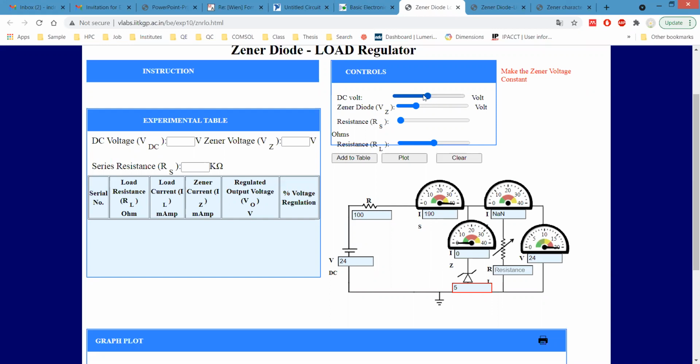So let's say our input voltage is 24 volt, okay, 16. And now we are going to change the series resistance. Let's put in some value. Series resistance is 1 kilo ohm.